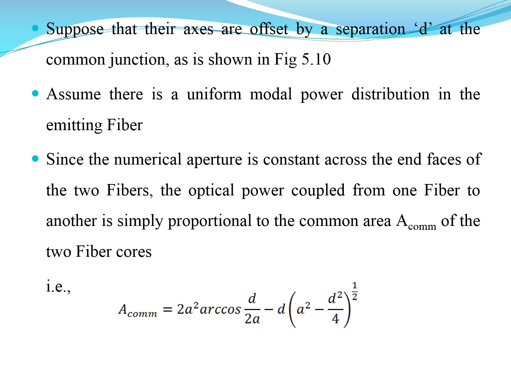So we say that the power coupled from one fiber into the other is proportional to the common area of the fiber cones. We take A common as 2a square cos inverse of d by 2a, minus d into (a square minus d square by 4) to the power half. So this is the common area we are going to consider.